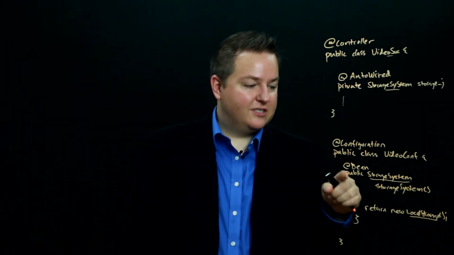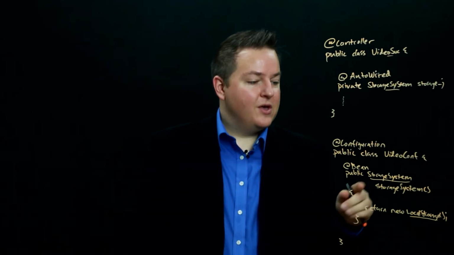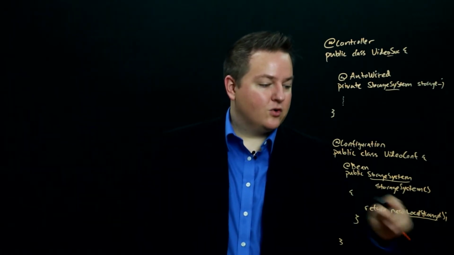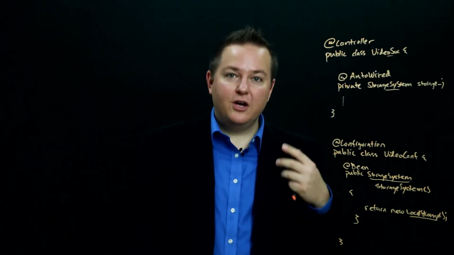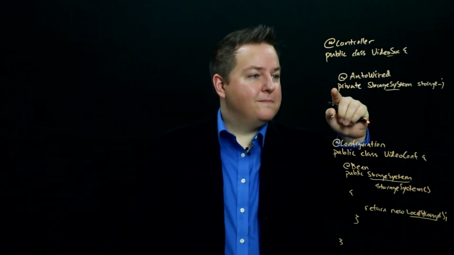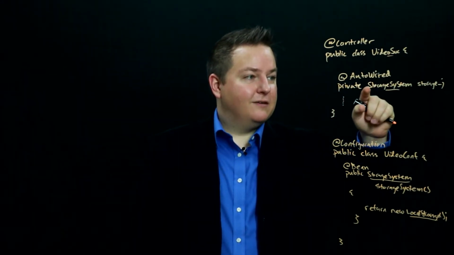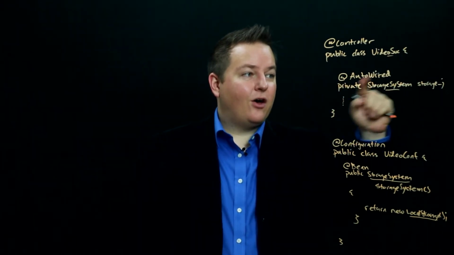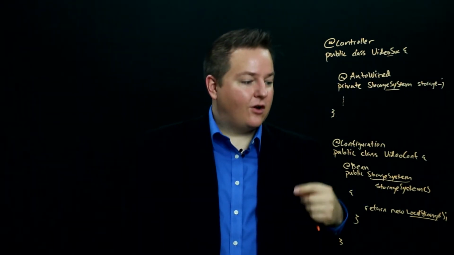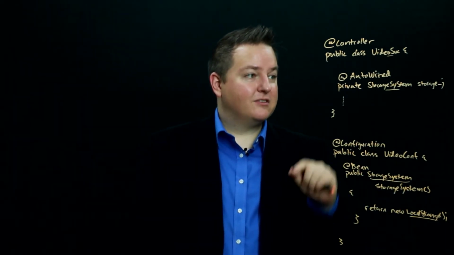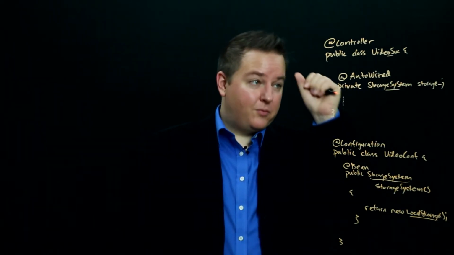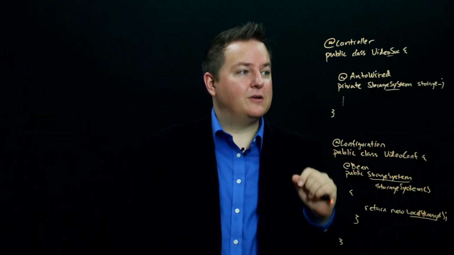So in this case, if we say @Bean StorageSystem, what that means is that we're going to create an instance of LocalStorage, and then everywhere in our code that we have a member variable that's of type StorageSystem that has @Autowired, Spring is automatically going to take the value that it got back from this method and set the appropriate member variable with that value.